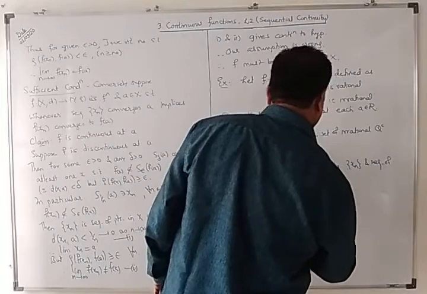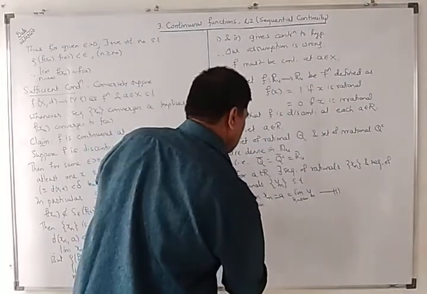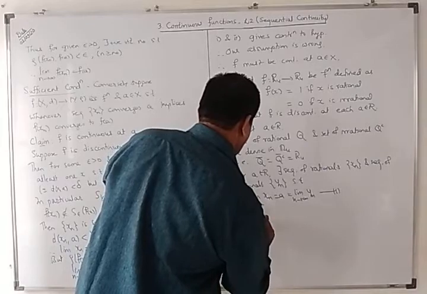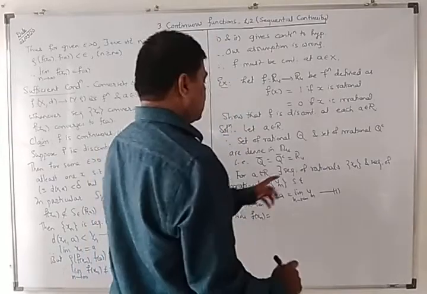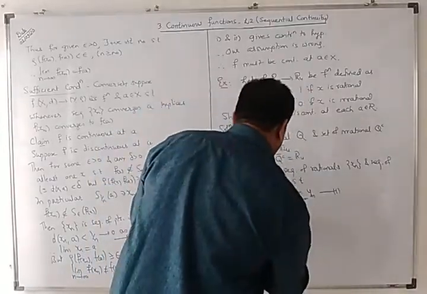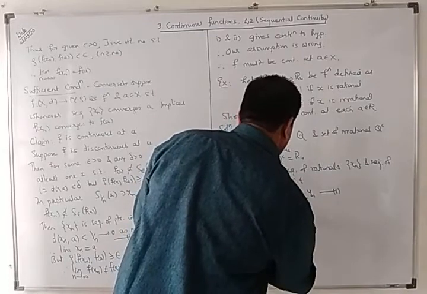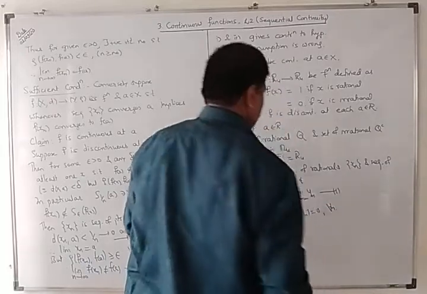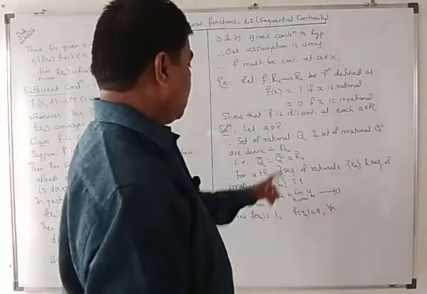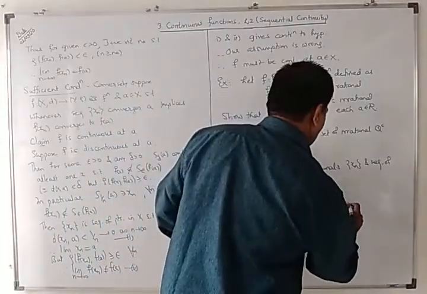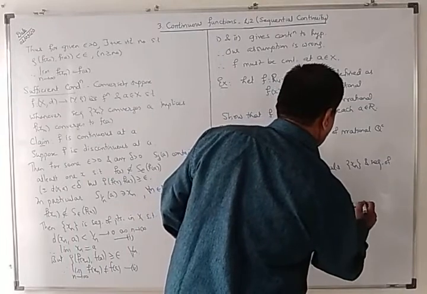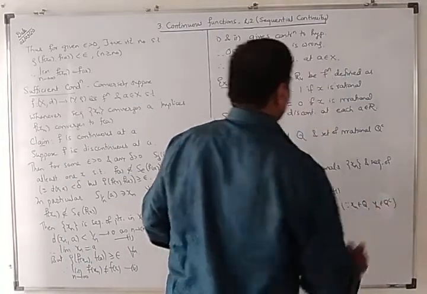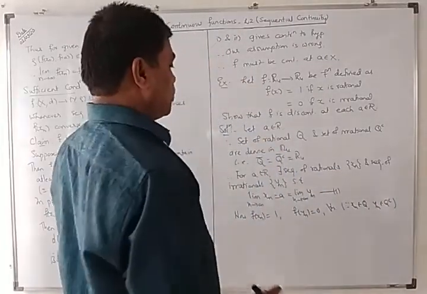Now f of xn is equal to 1, since the xn's are rational, and f of yn is equal to 0 for all n, since xn belongs to Q and yn belongs to Q complement.